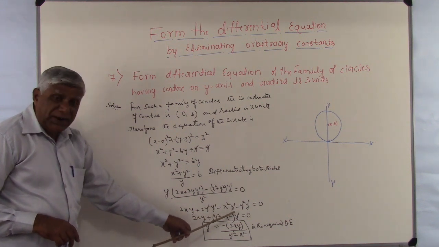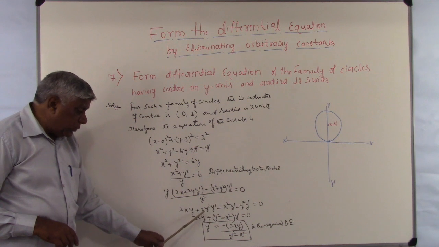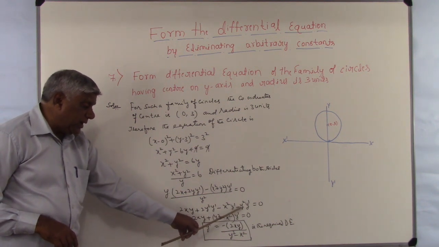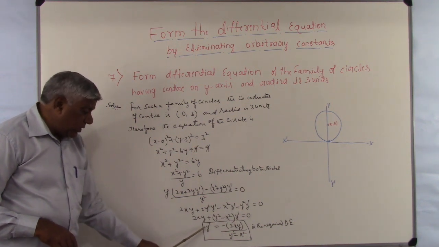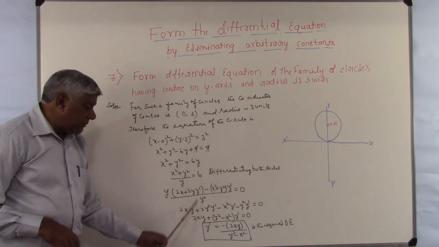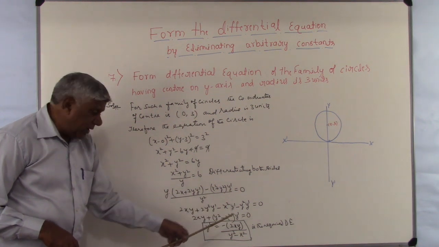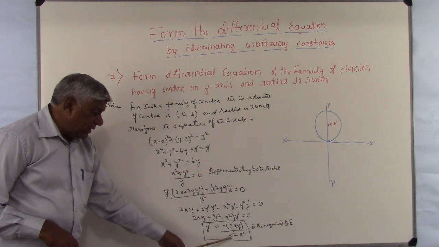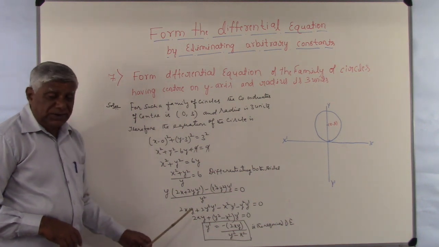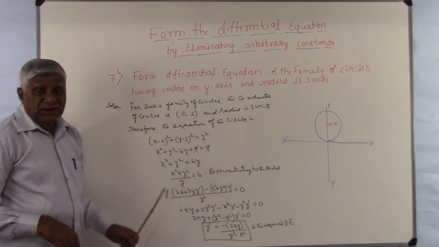Here we take y dash common. Here it is 2xy plus (y square minus x square) y dash is equal to 0, or y dash is equal to, transferring this to that side, minus 2xy divided by (y square minus x square). So this is the required differential equation.